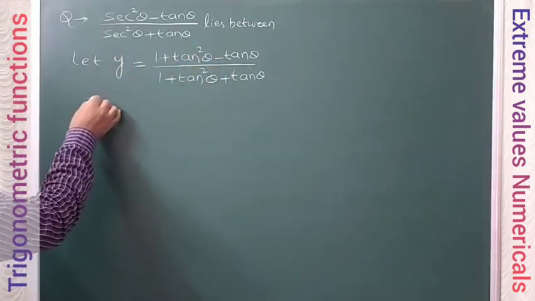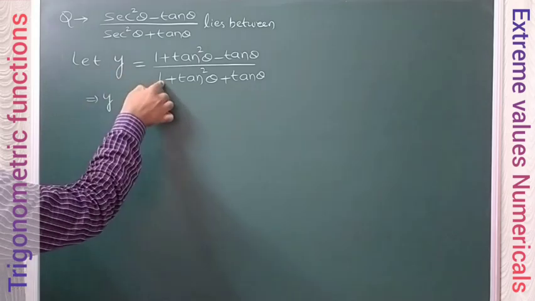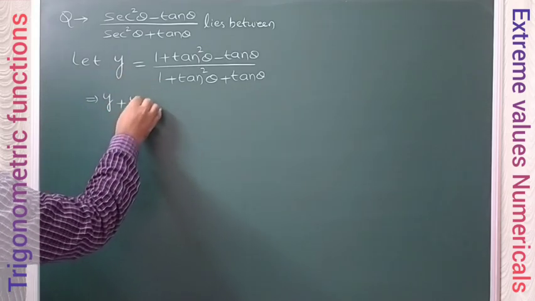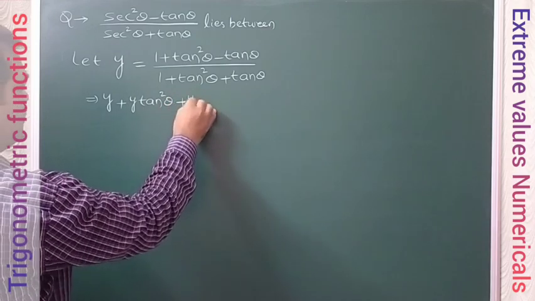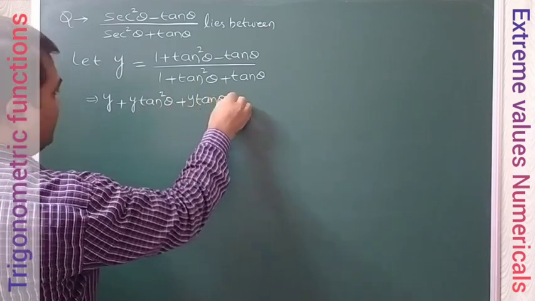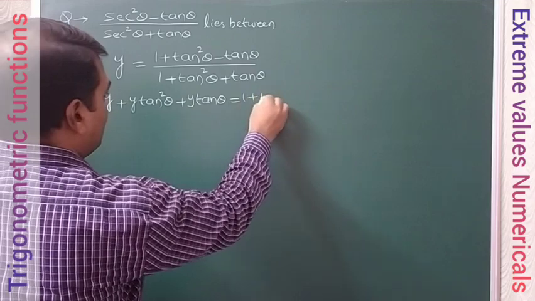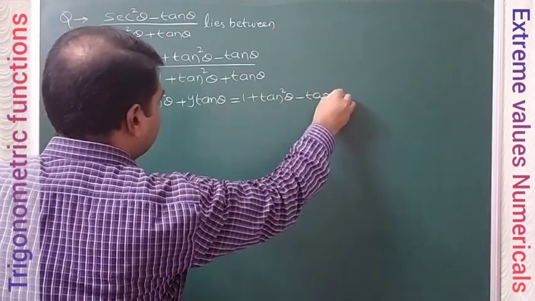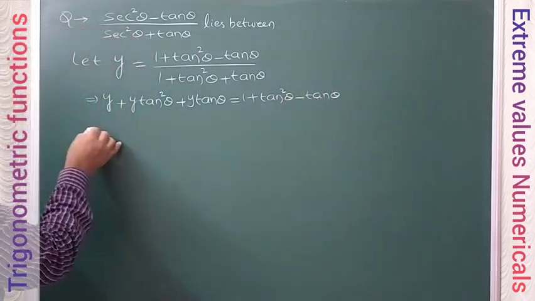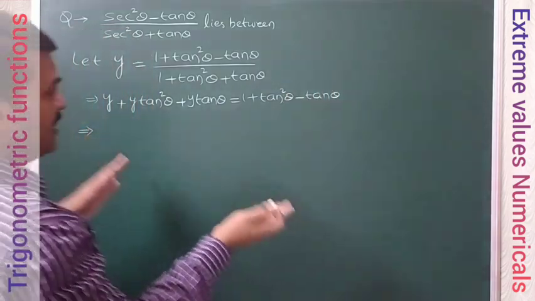Cross multiplying, we will get y plus y tan square theta plus y tan theta is equal to 1 plus tan square theta minus tan theta. Now I will shift all terms to the LHS.